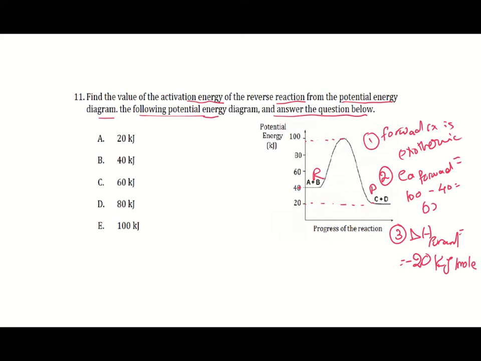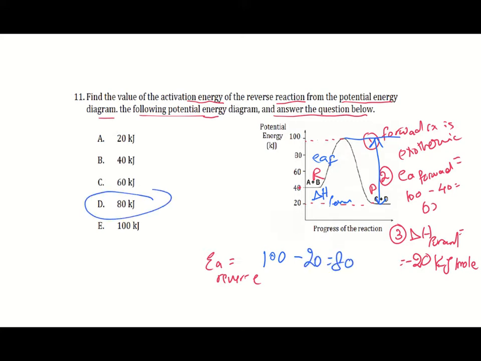If the reaction is going to be reversed, the activation energy for the reverse reaction should equal all of this distance, which equals the activation energy of the forward reaction plus the enthalpy change of the forward reaction. So from 100 to 20 equals 80 kilojoule per mole. So the answer is 80 here.